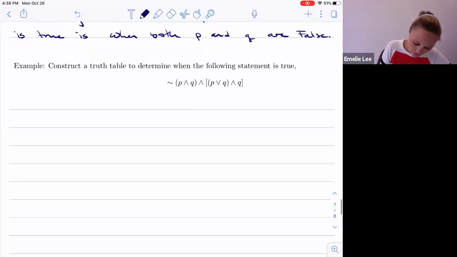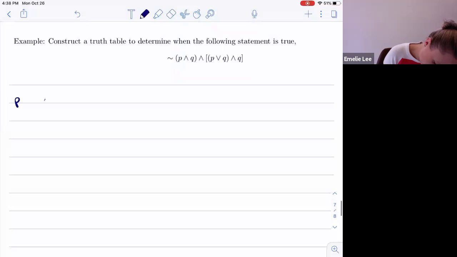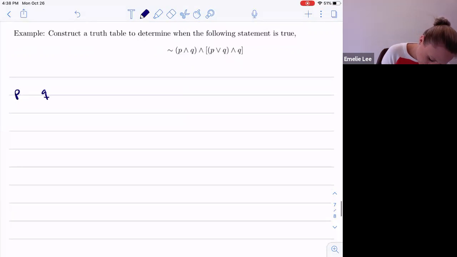And so starting again with just the column of P and Q, all our possible outcomes for P and Q, and then we just keep going from there. So P and Q, I'm going to give myself a lot of space here because of course I'm going to need it. P is true, true, false, false. Q is true, false, true, false. Standard setup.